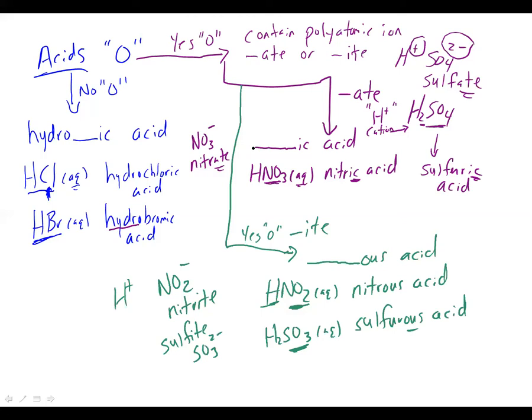If there is none, that is the only place for acids where you should use hydro. If it does have oxygen, it's going to contain one of those polyatomic ions, and you would use either ic if the polyatomic ion ends in ate, or OUS if it ends in ite.